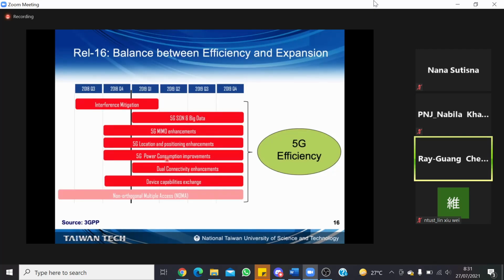Power consumption improvement, dual connectivity, DC, which I just mentioned. You can use two base stations, one device connects to two base stations. The concept we mentioned is to increase the data rate, which is one of the options. Actually, they also have another option that can be used to increase the reliability of the network.